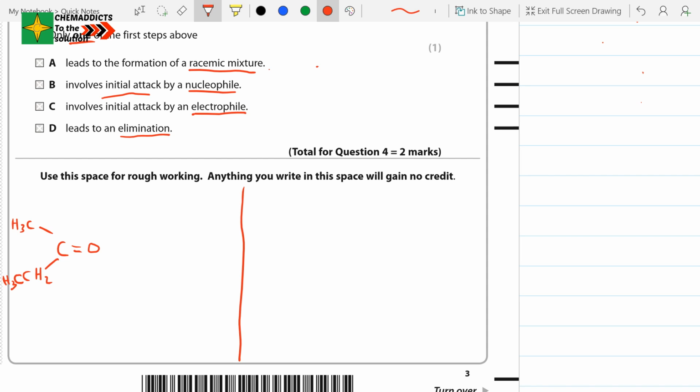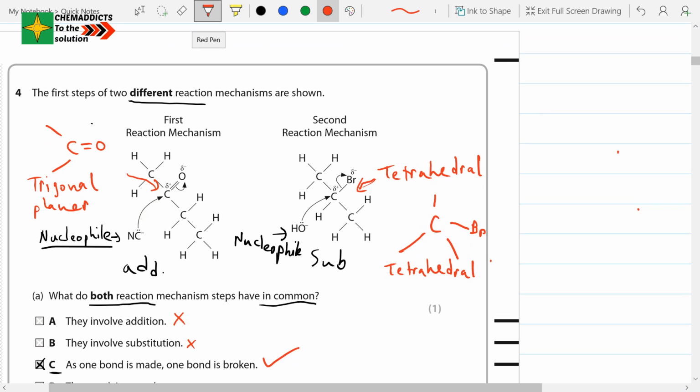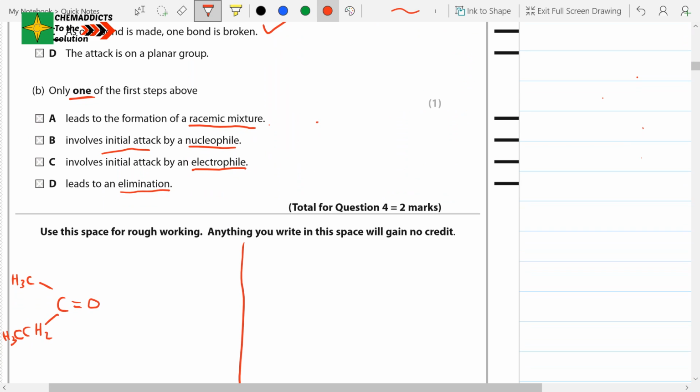Since it has a carbon oxygen bond in the middle of this thing, this would be a ketone. Here is the structure of a ketone. So this is a ketone, since there is a carbon oxygen bond between these two.